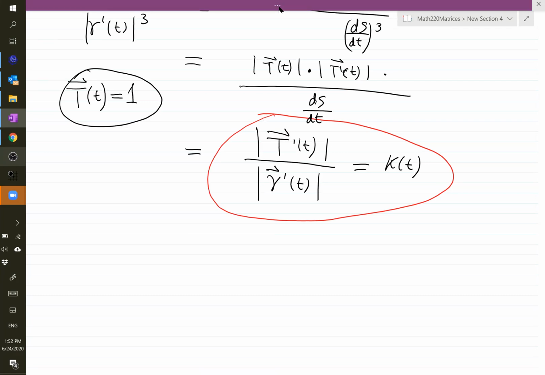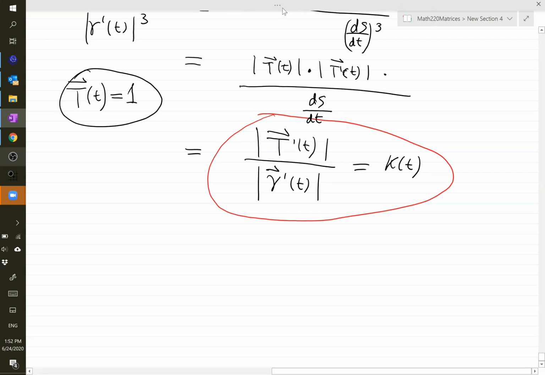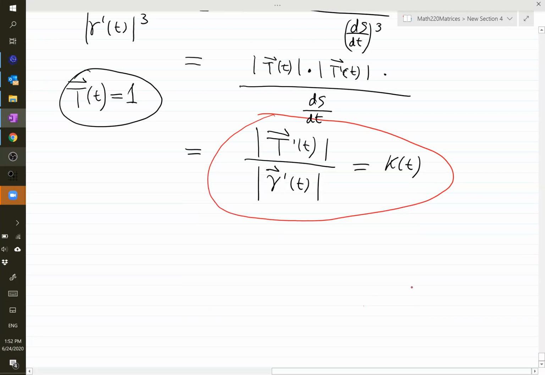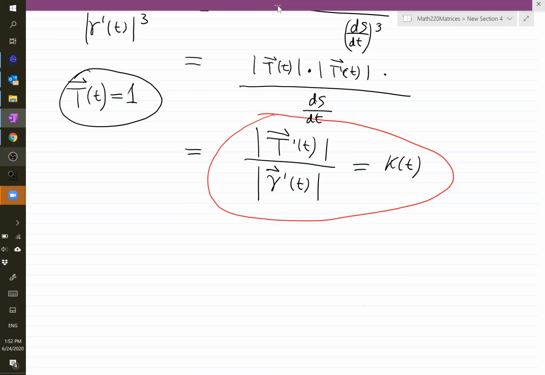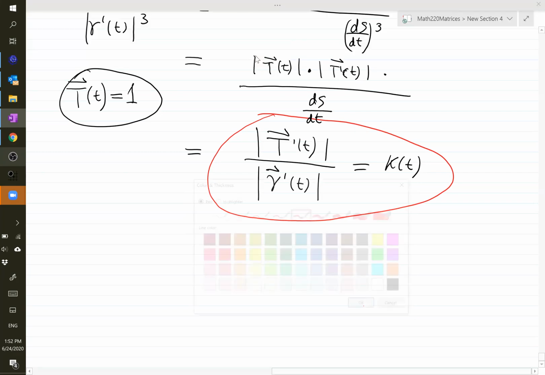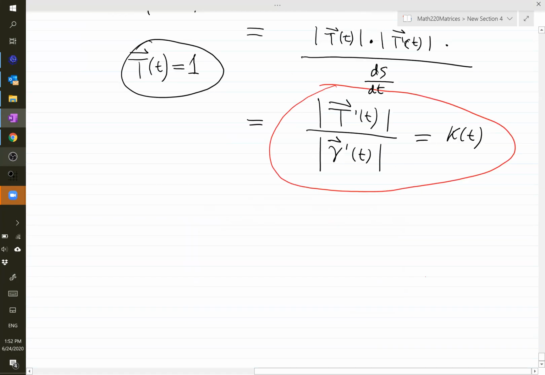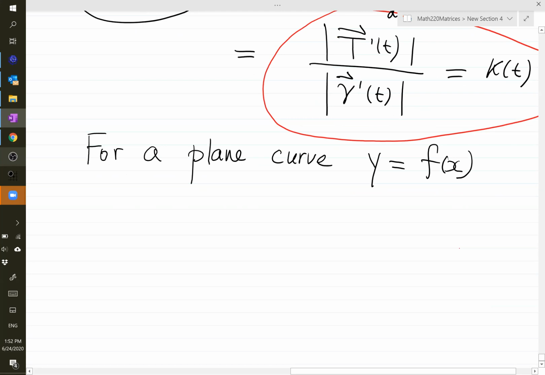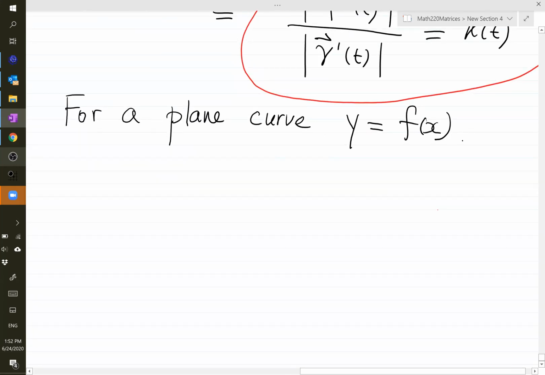Suppose we have a graph of a function y equals f(x), a plane curve, and we want to find its curvature. How do we find its curvature?